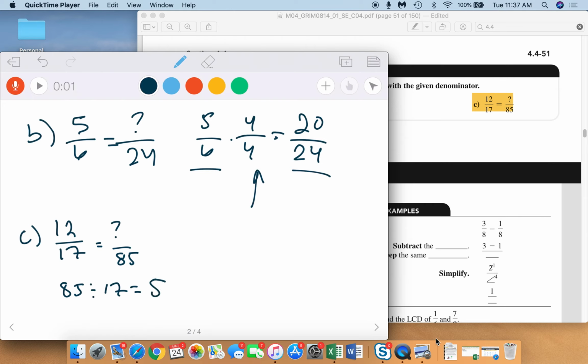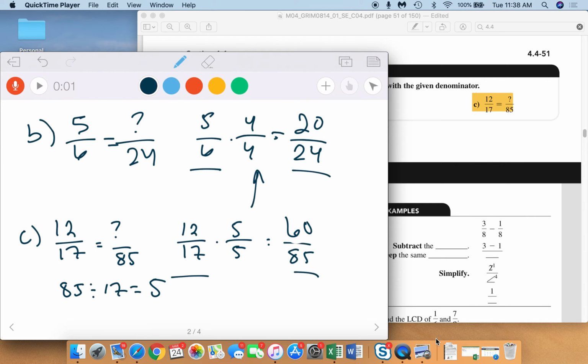Now I know I need to multiply top and bottom by 5. So we have 12 over 17 times 5 over 5. We already know the bottom's 85 from what we just did. 12 times 5 is 60. So these are equivalent fractions.